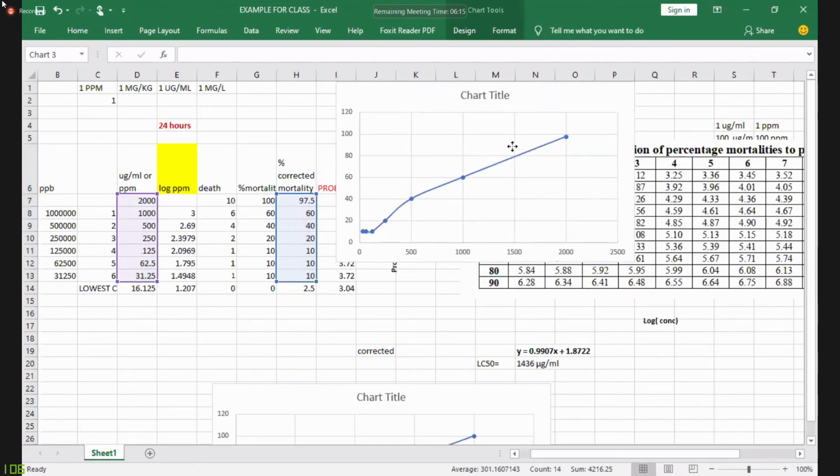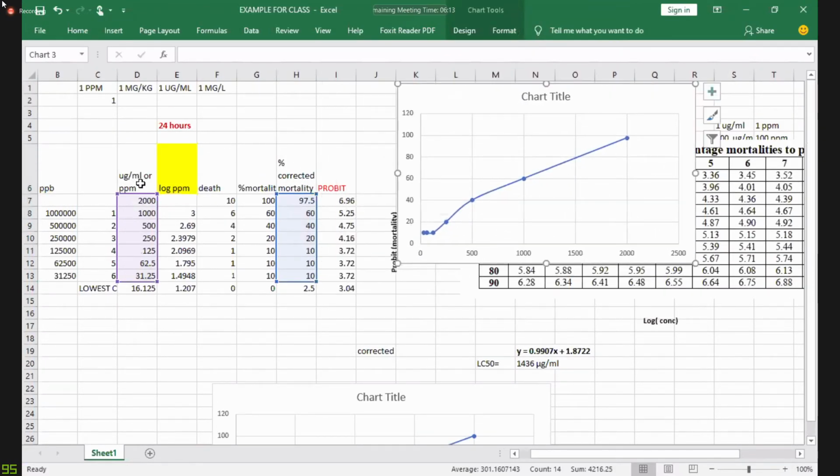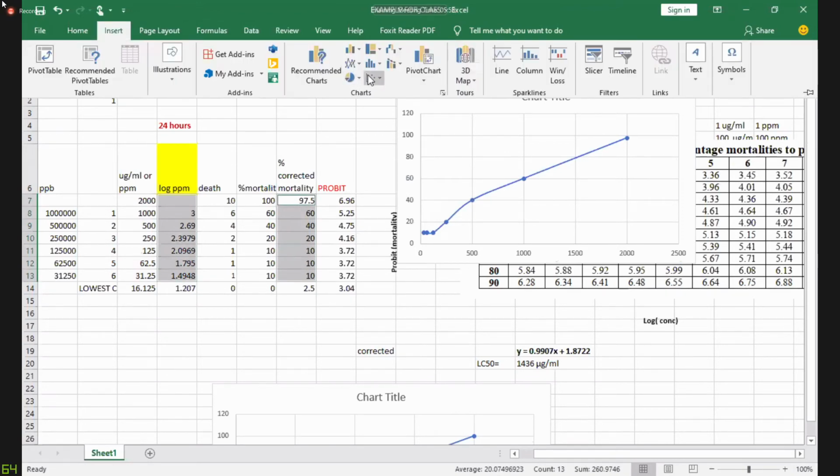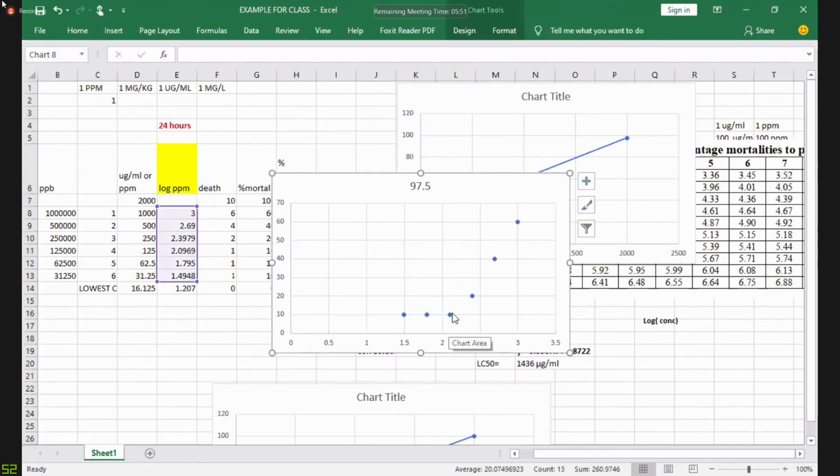This is percentage of mortality versus concentration. We can also plot, which you can get sigmoidal. You can also plot log concentration versus percentage of mortality, which is quite sigmoidal.